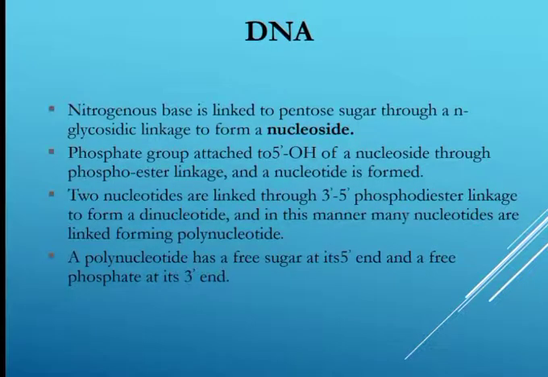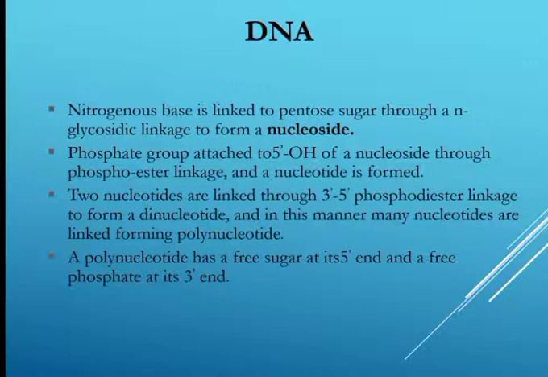Then we have studied that a nitrogenous base is linked to pentose sugar through N-glycosidic linkage to form a nucleoside. And when a nucleoside is attached to the phosphate group at its 5' position, it forms the nucleotide, and the nucleotide is formed by phosphoester linkage.